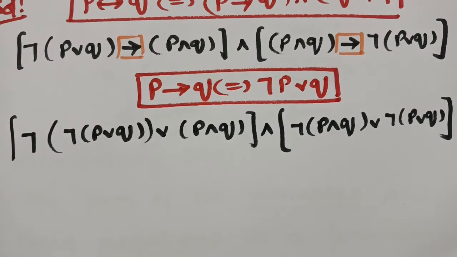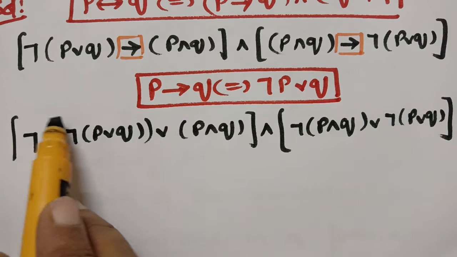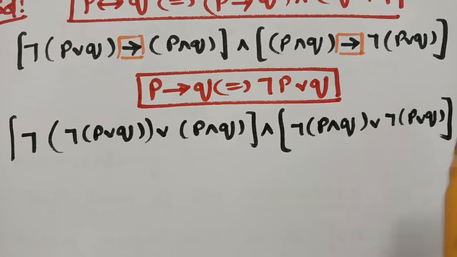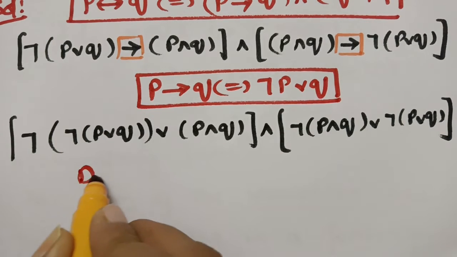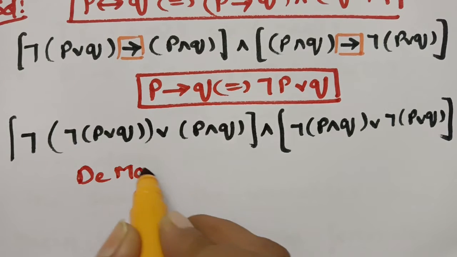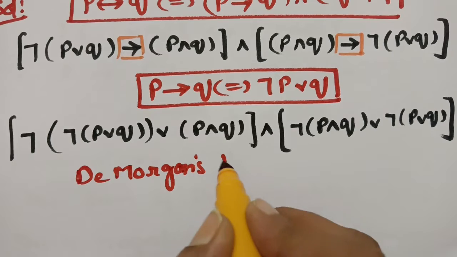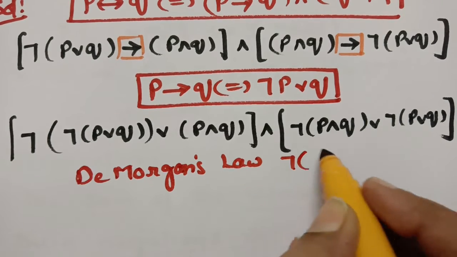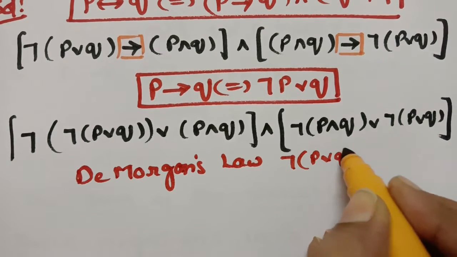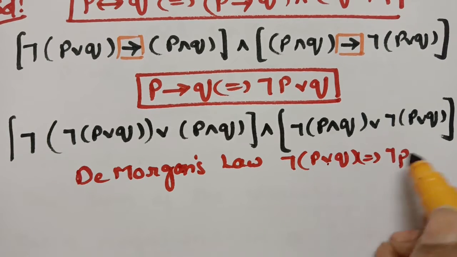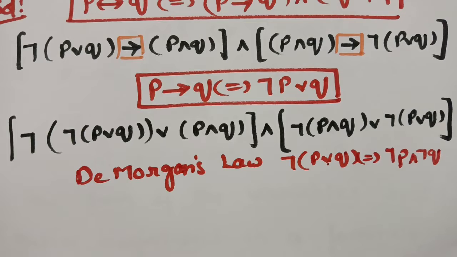And the next thing here is I am going to send this negation inside. I am going to send this negation inside, this negation inside. Which formula am I going to use? De Morgan's law. According to De Morgan's law, if you send negation inside, what will happen? Negation of (P or Q) will become negation P and negation Q. Clear?